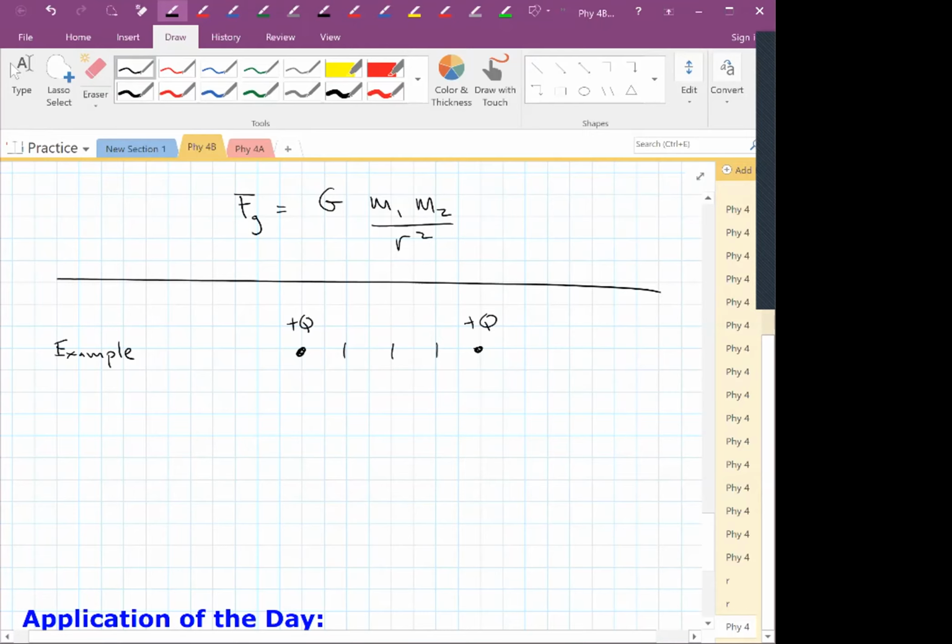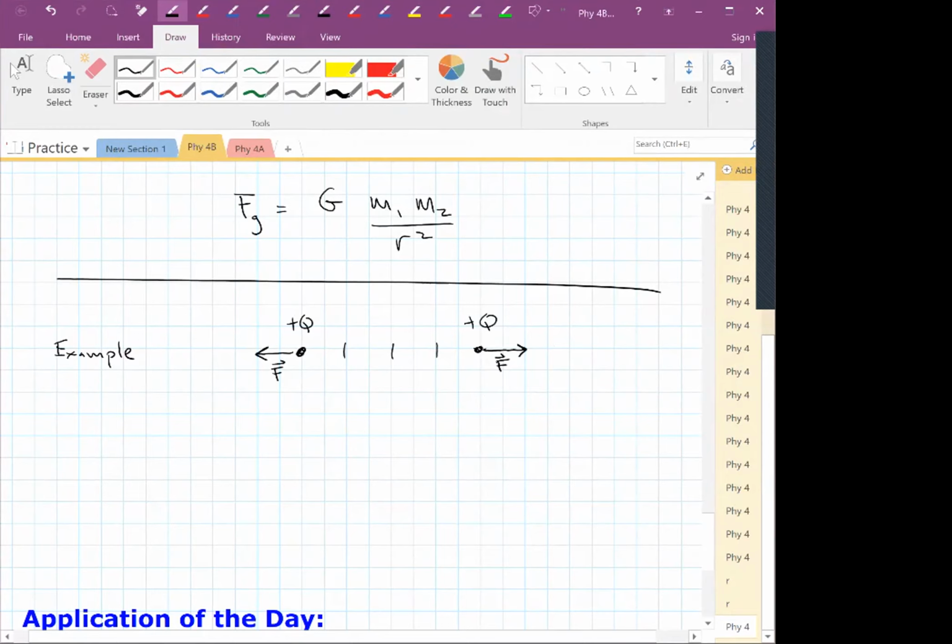There'd be a repulsive force here. Two like charges repel each other. So the force would be repulsive, and I'm just going to give it a magnitude of 2. I don't know if you can see the grid lines here, but I'm going to try to draw these proportional. So I've picked a length for this arrow that's proportional to the magnitude of the force.